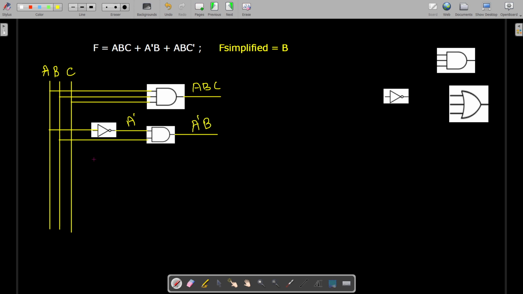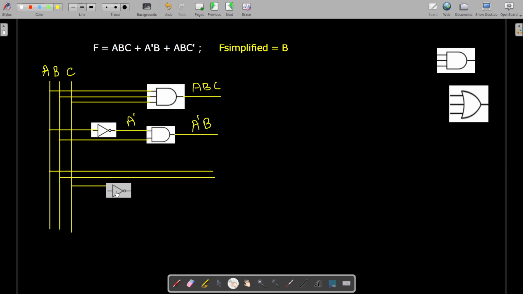Then we go for the third term. The third term is A, B, C dash. So we take the connection from A, then from B, and then from C, but we need C dash.